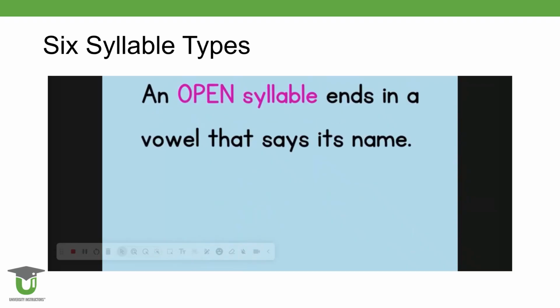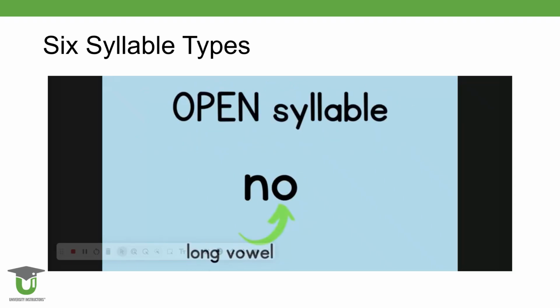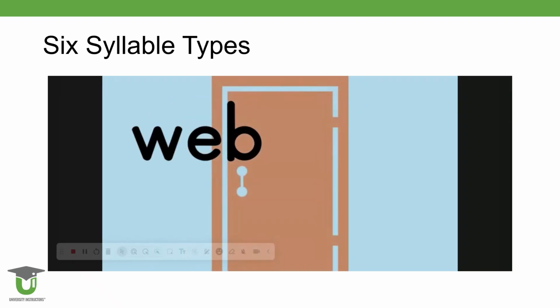Next, we have an open syllable. An open syllable ends in a vowel that says its name. In me, the E is at the end and it says its name, E. In no, the O is at the end and says O. I like to think of a door to remember the difference between open and closed syllables.